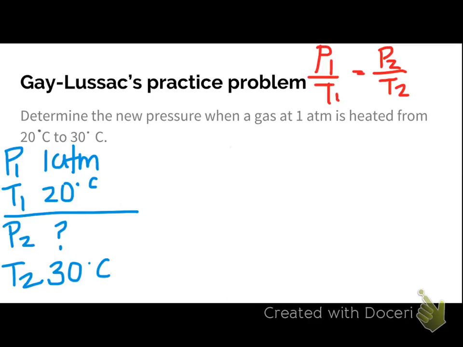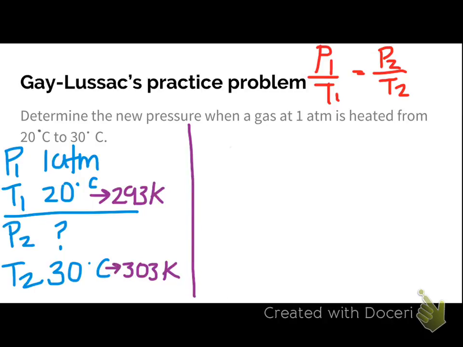What's the only thing we got to do here? We got to change these temperatures, right? We've got to put those into Kelvin. So this is going to give me 293 K, and this is going to give me 303. Make sure that you are doing that. That needs to be done each time. Okay, let's put everything in our equation.